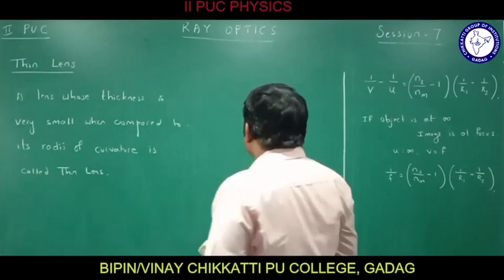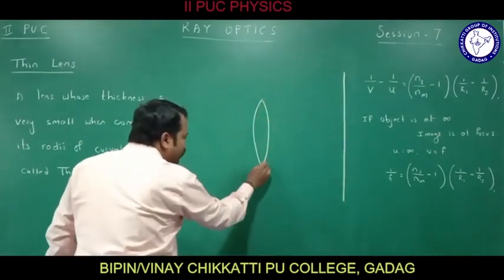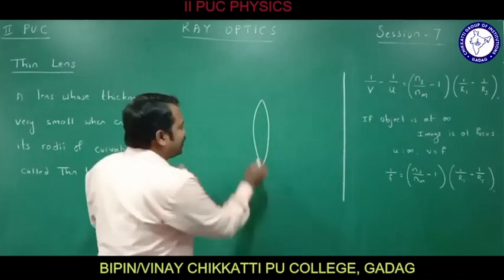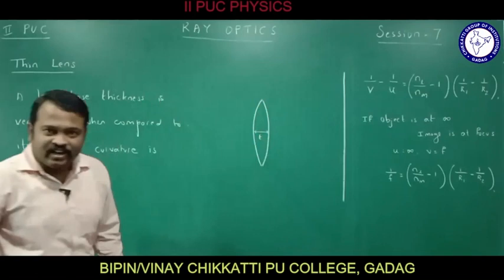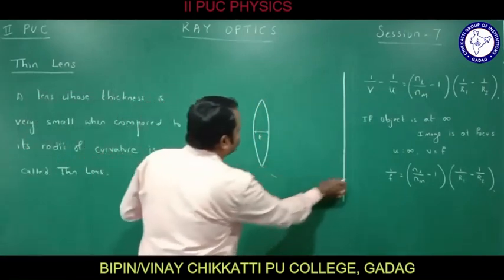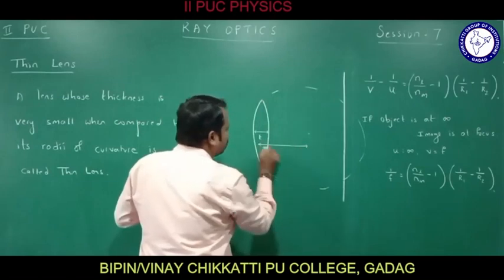For example, if I take this lens, let me call it a thin lens. What is the thickness? This is the thickness, right? Where do I get the radii of curvature? If I take this, this is the radius of curvature.